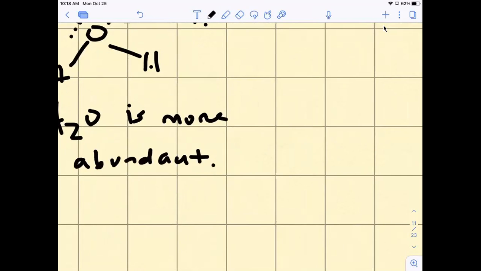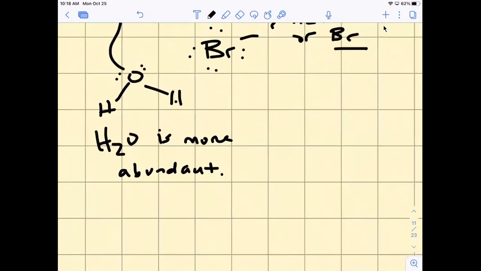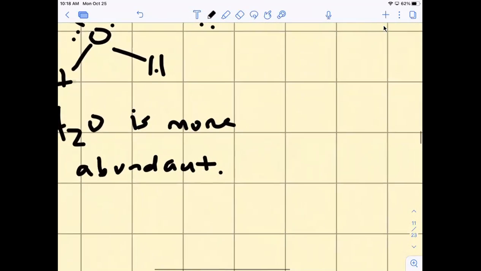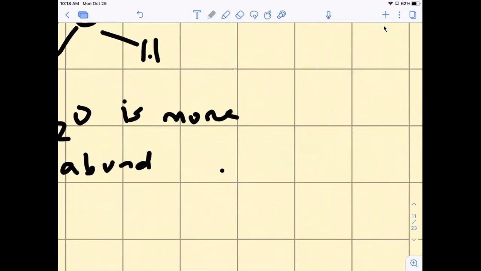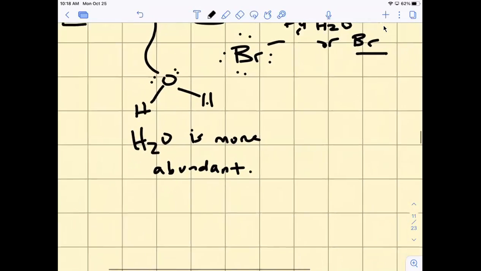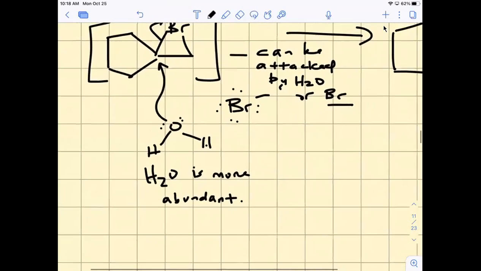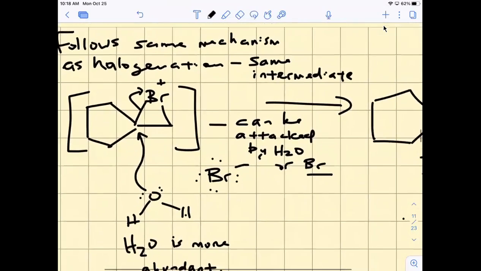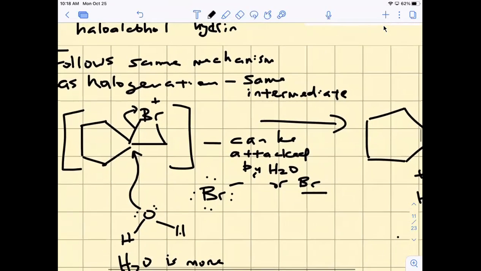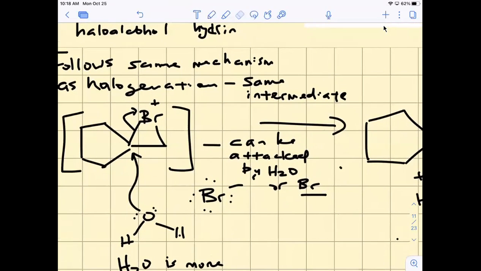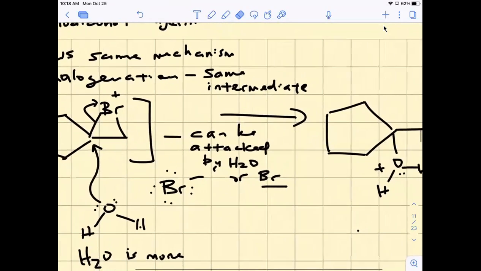Right, so it's more abundant, so it's gonna attack. You still may get some of the dibromide, but you're gonna get more of this compound.